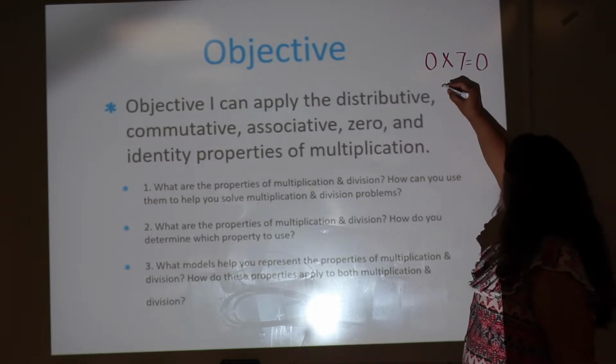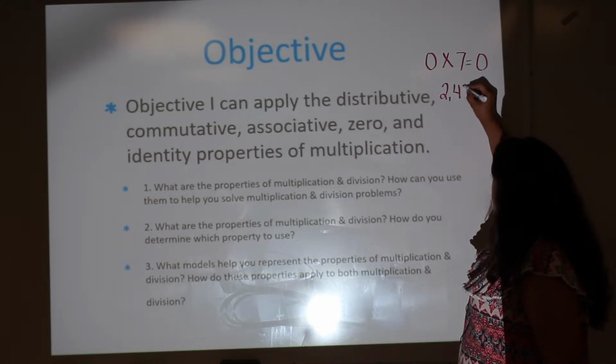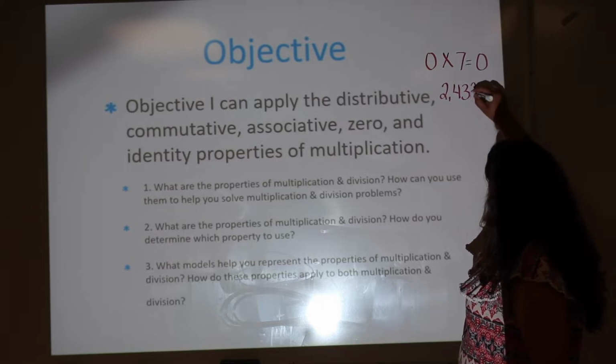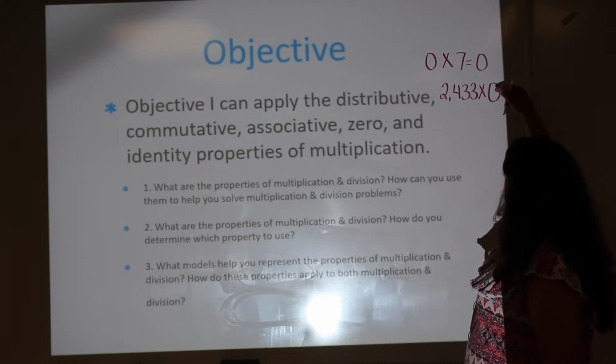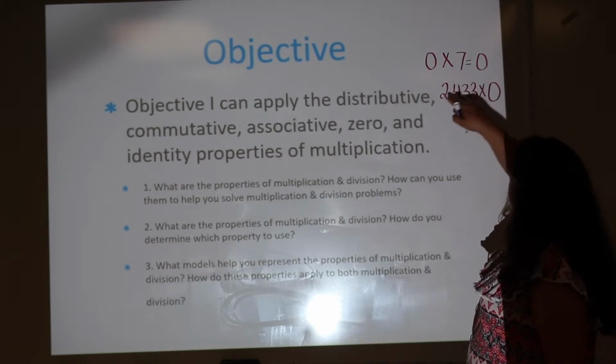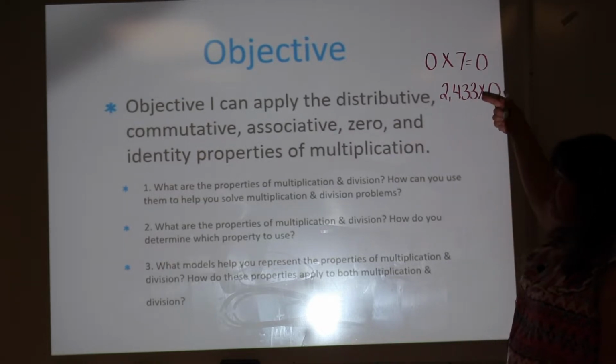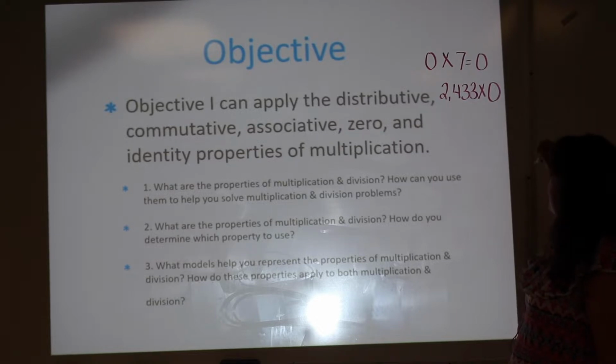No matter how big my number is, well, I'll change that one to 3. Times 0 means that I have 0 groups of 2,433. It means I don't have anything. I have none. So I still have a 0.